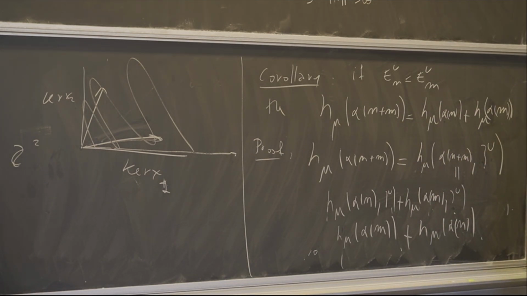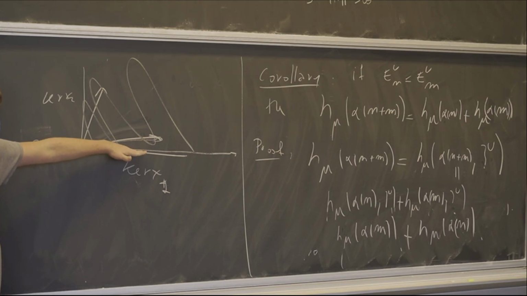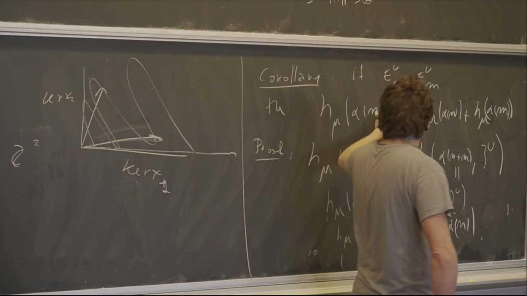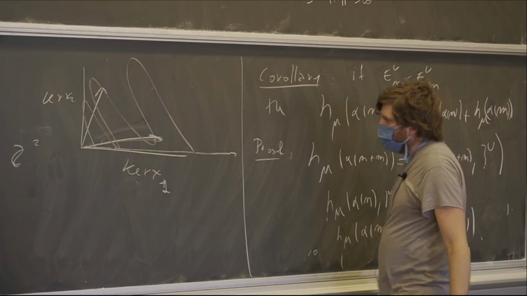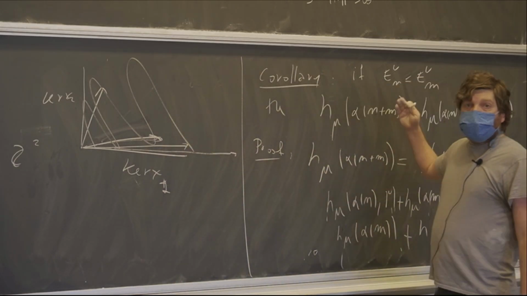Now the good news is that we may not have a partition that works for the whole Weyl chamber. But if I pick any n and m, no matter how close I am to the boundary, there will be one partition.